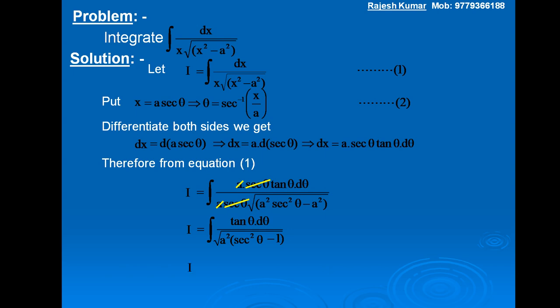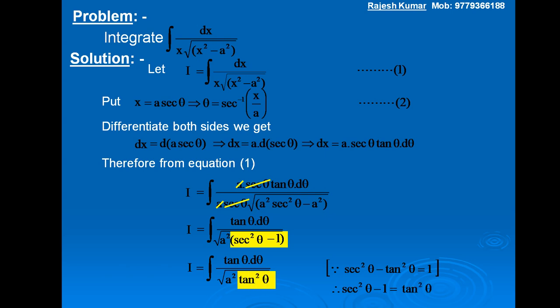or I is equal to integration of tan theta upon square root of a square tan square theta, because secant square theta minus tan square theta is equal to 1. So by using this formula, we can prove secant square theta minus 1 is equal to tan square theta.